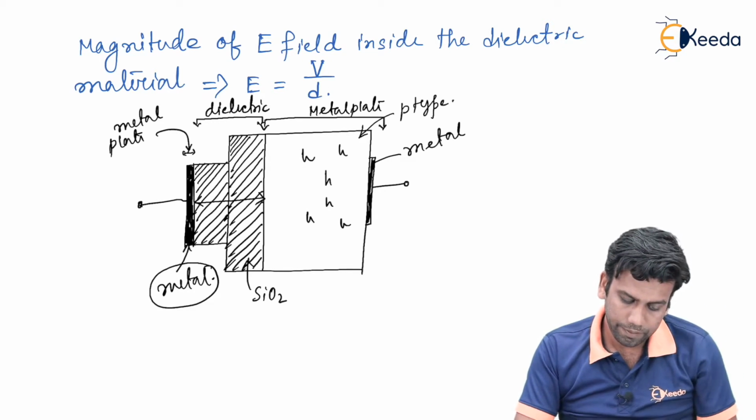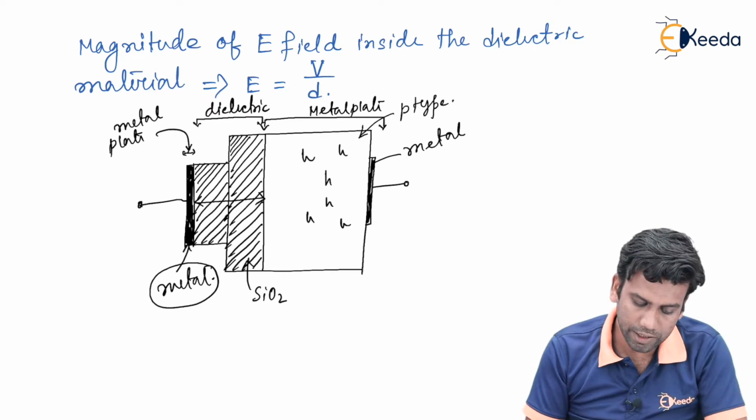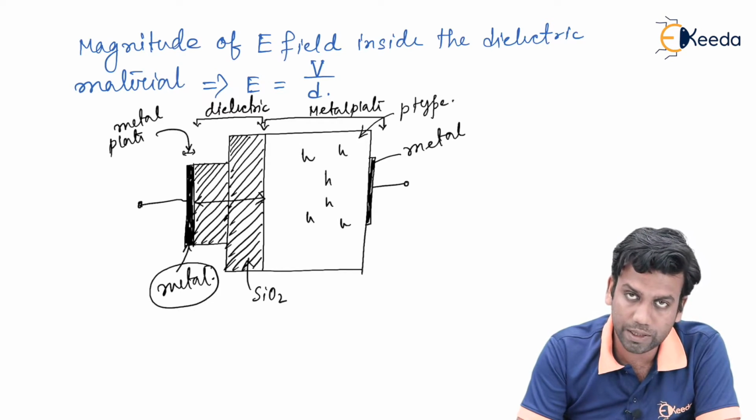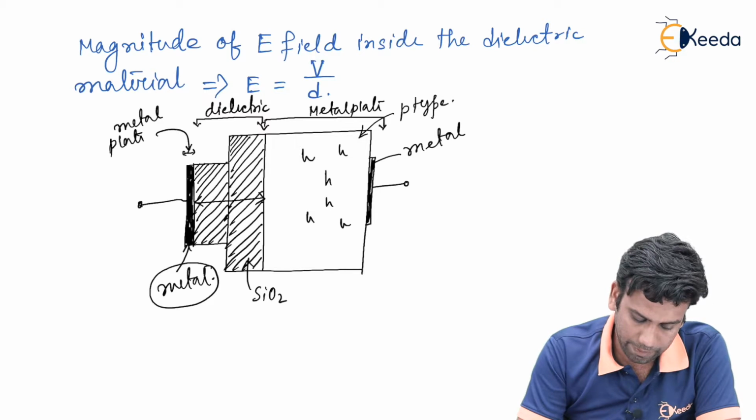In this way, this structure of p-type substrate along with the silicon dioxide can serve as a parallel plate capacitor.